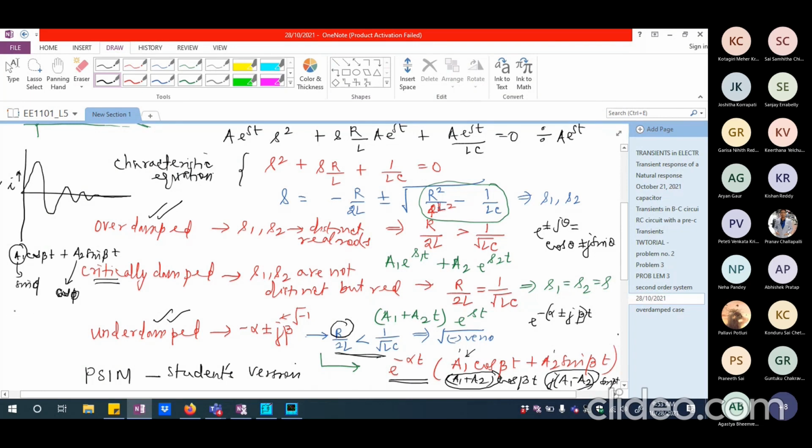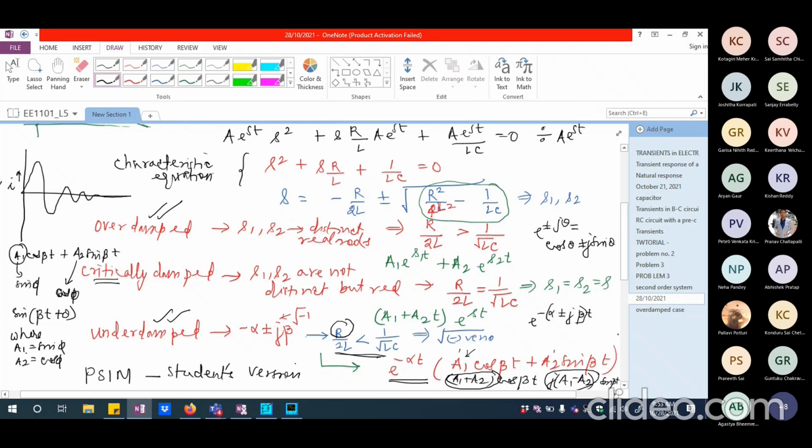So I can write this as some sine of beta t plus phi, where a1 equals sine phi and a2 equals cos phi.